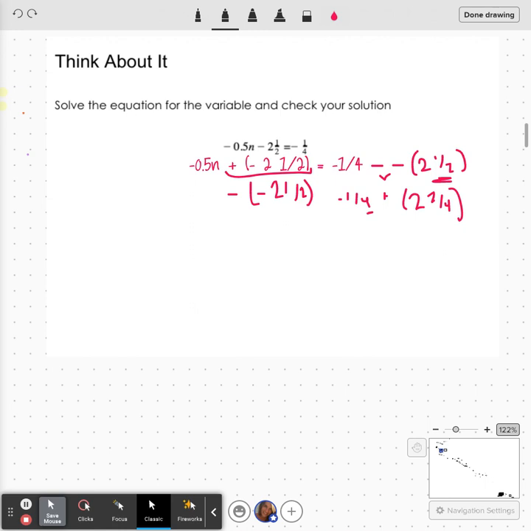When I add negative 1/4 plus 2 and 2/4, that will give me positive 2 and 1/4, because the 2 and 2/4 has the larger absolute value.